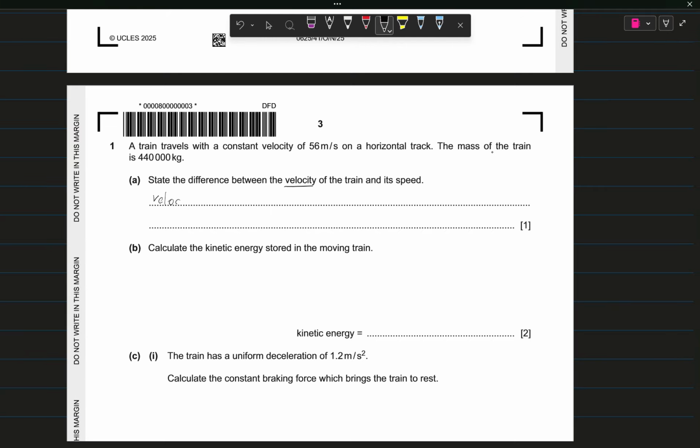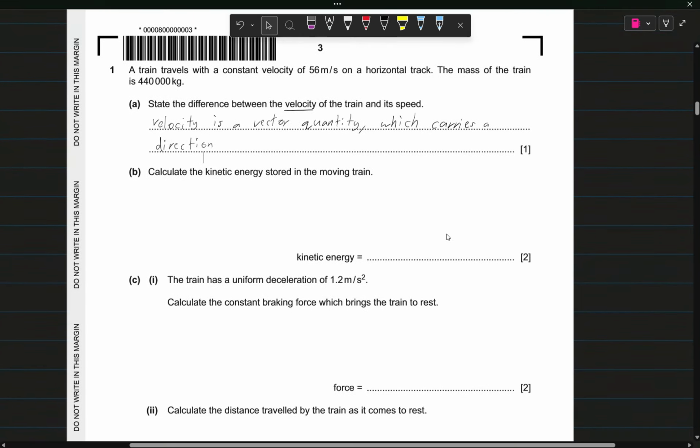So, velocity is a vector quantity which carries a direction. Okay, with that out of the way, let's see question number B.